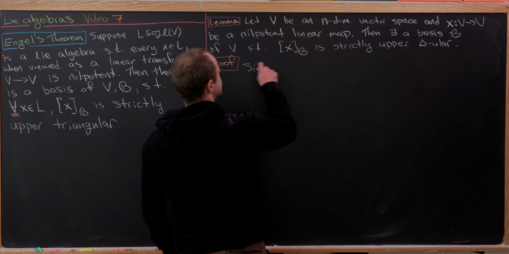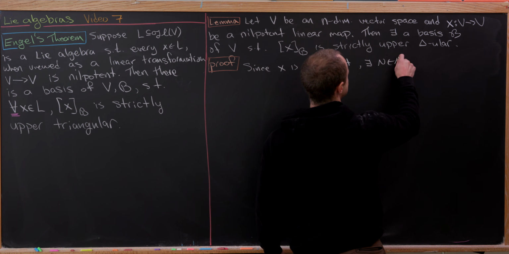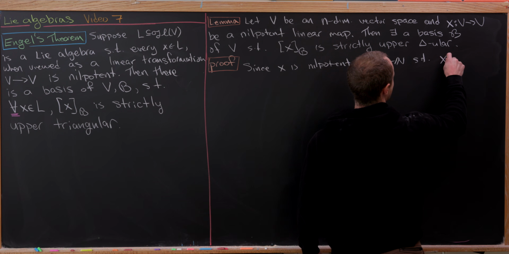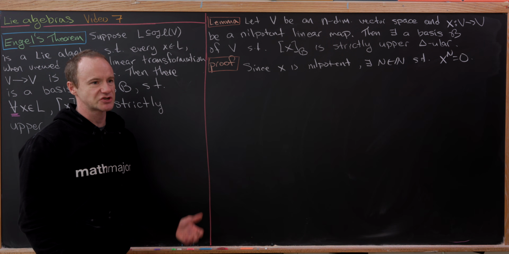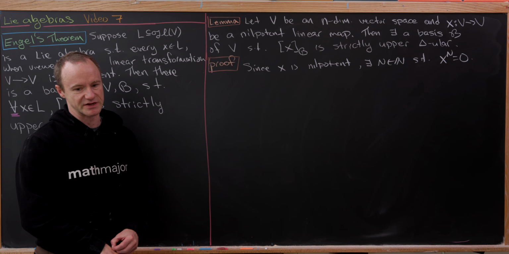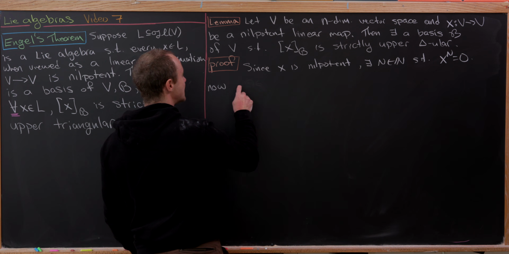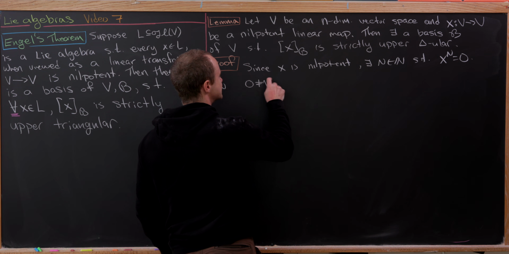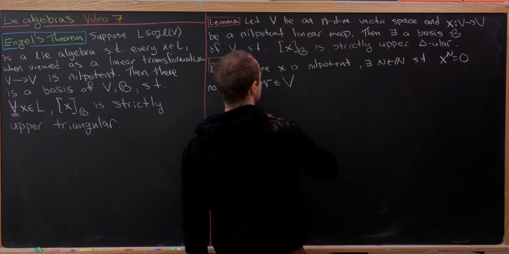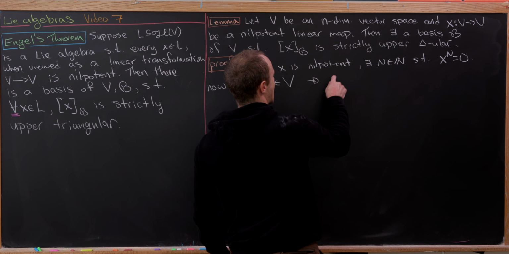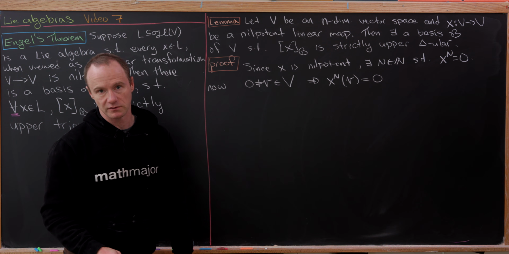Since X is nilpotent, that means that there exists some natural number n such that x to the n is the zero map. That's the definition of a nilpotent linear transformation: you can exponentiate it to the zero map. Now what we want to do is take a non-zero vector v within V, but let's notice that x to the n evaluated at v is equal to 0.